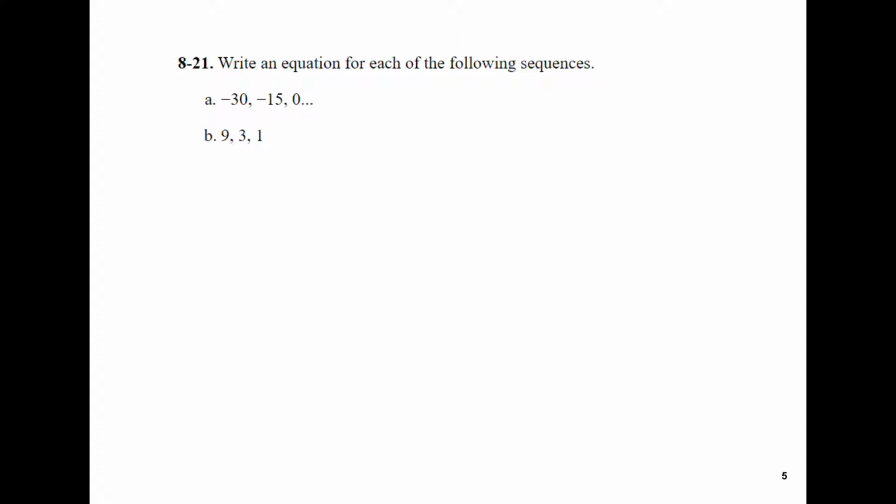8-21 says write an equation for each of the following sequences. So it's really important that when we write an equation for a sequence, we take into consideration that they only give us our first term.